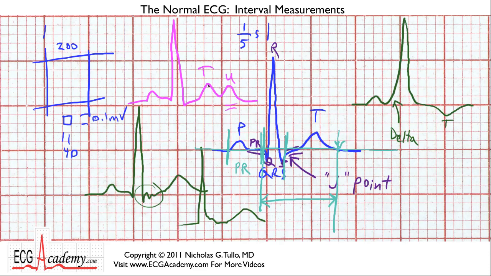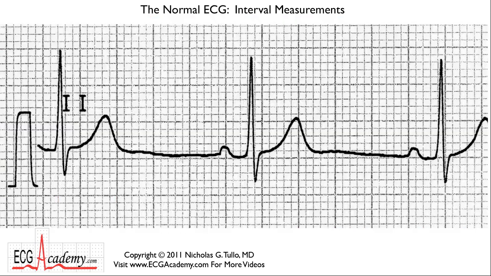All right, so now that we've kind of reviewed all these different parts of the QRS complex, let's start practicing, because after all, we need to measure some of these things. Okay, so here's our normal 18-year-old, and if you glance at this ECG, it's lead 2.